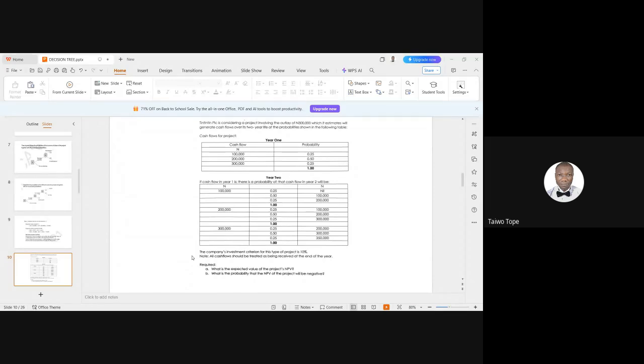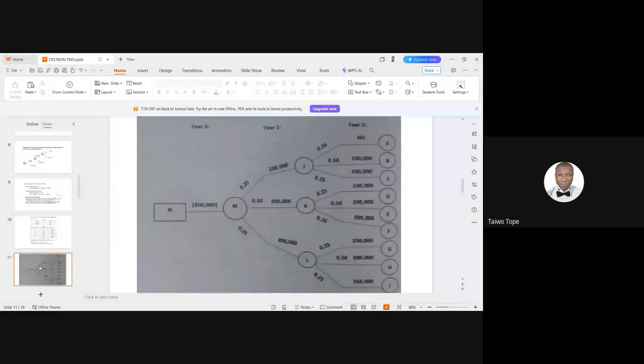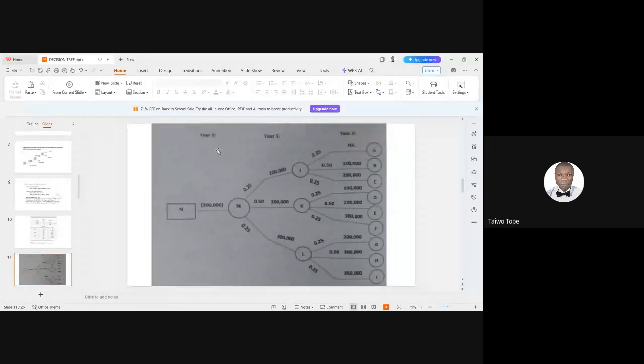So from the tree I forwarded early this morning, let's now analyze this further. You can see this now. If you look at this tree, you have a decision to make to invest 300,000 in year 0.